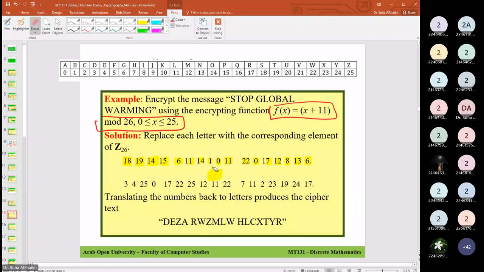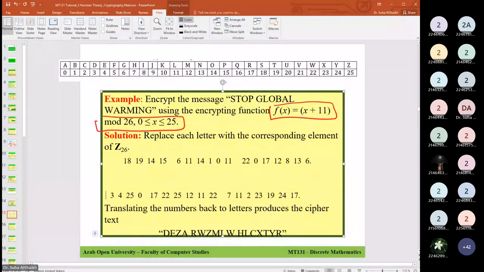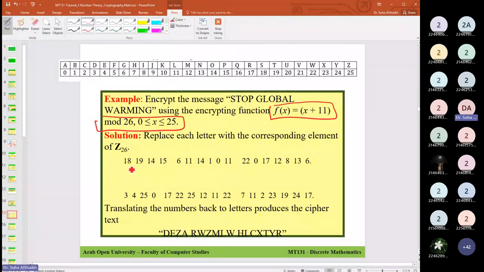Add 11 to the 18. This is what? 29. 29 means I have to subtract 26.